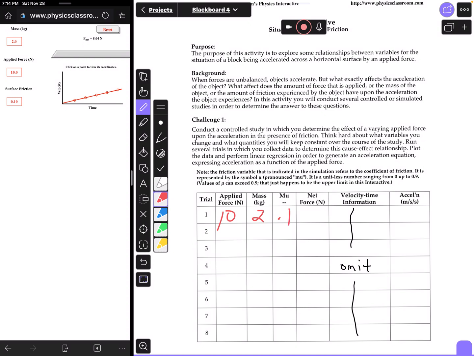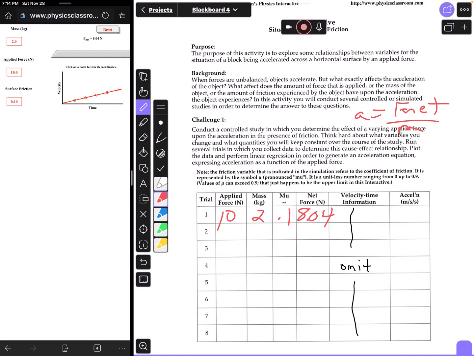My net force, it told me, was 8.04. And then I would just find my acceleration. Remember, acceleration is equal to F net divided by M. So I would take 8.04 divided by my mass, which is 2, and it would give me my acceleration.